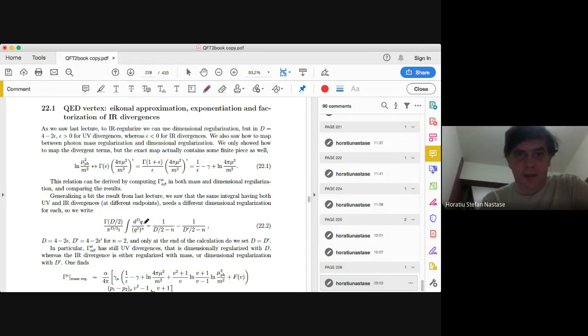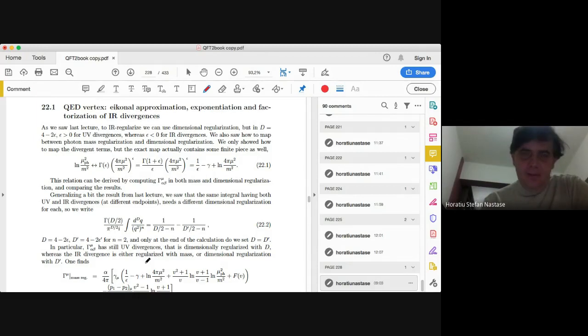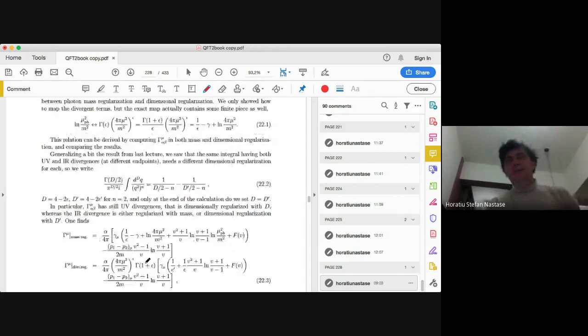So in this case, the integral itself can be written in this way, with a dimension d and a dimension d prime. And in this way, we regularize both divergences, and at the end of the calculation, we just have to put d equal to d prime.